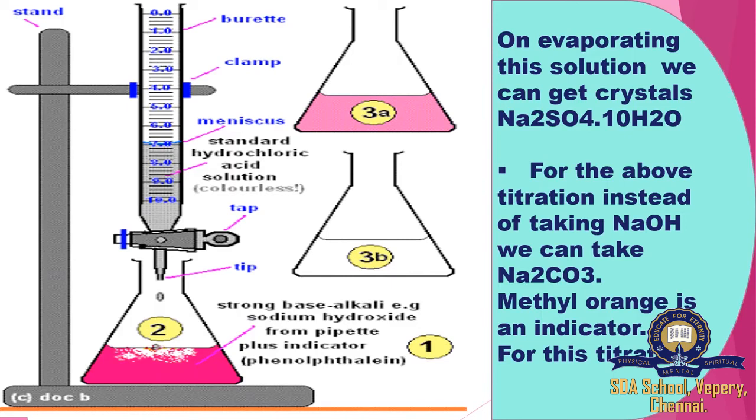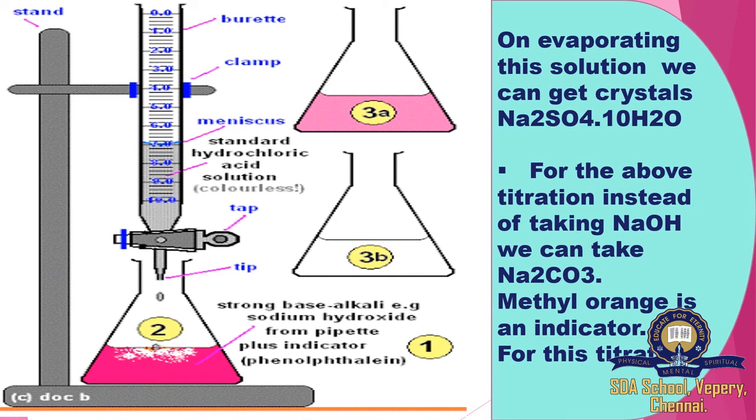When a certain point comes, the solution turns pink. So the reaction is over. The solution is converted into sodium sulfate. On evaporating this solution, we can get crystals of sodium sulfate decahydrate.